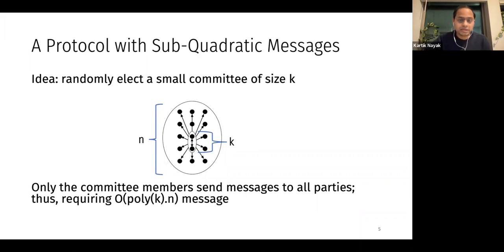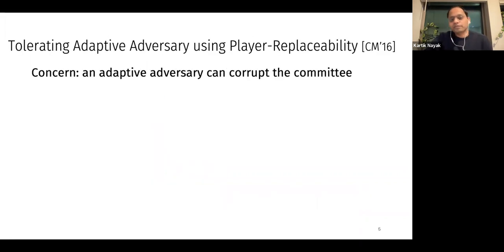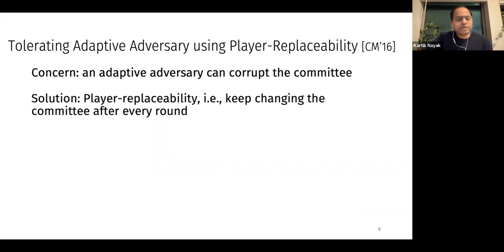Well, what if you have an adaptive adversary? Note that kappa, which you're thinking of as a security parameter, is typically much smaller than n or much smaller than t. So an adaptive adversary actually has the capability of corrupting the entire committee. How do we address this concern? There was a very nice solution by Chen and Micali in their work on Algorand, where they introduced this property called player replaceability, where they said, instead of having one fixed static committee, let's keep changing this committee after every round.